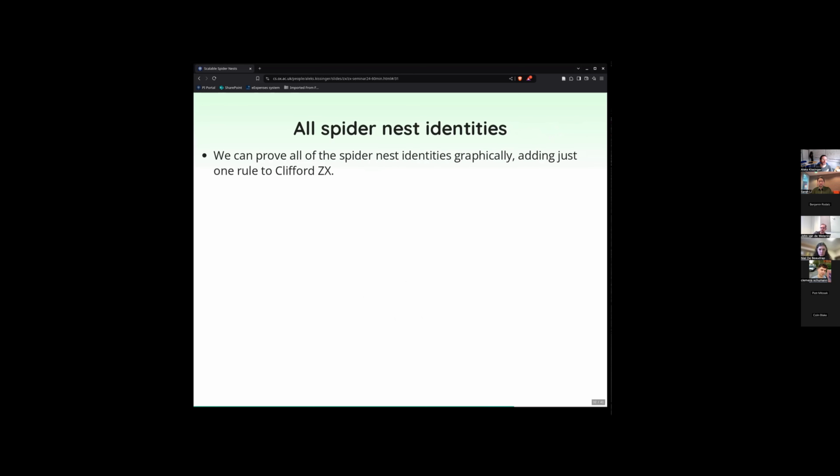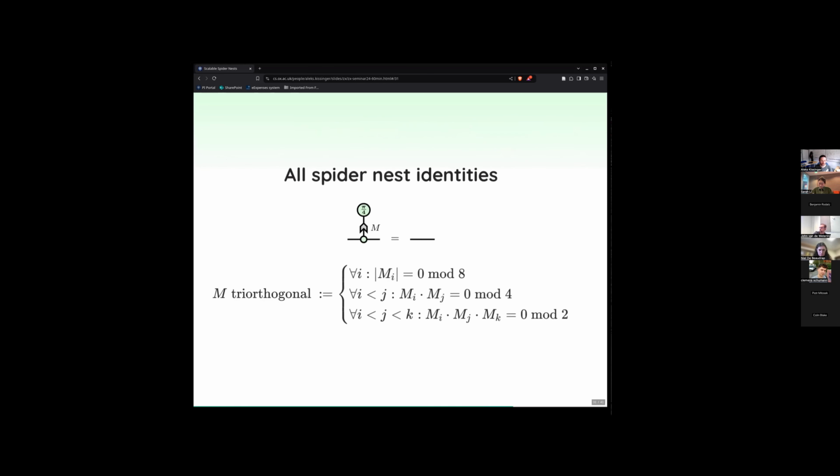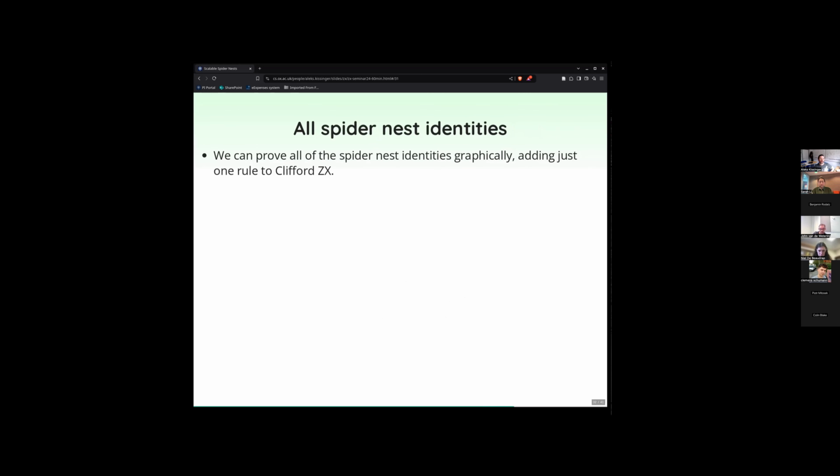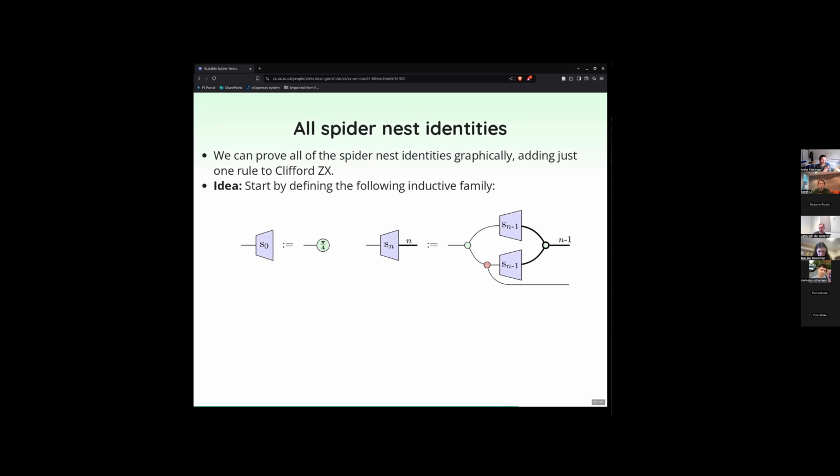Okay, so that's the general thing, this rule. And something that's kind of nice is we can actually prove all of these identities graphically just using the Clifford ZX-calculus and one additional rule. Okay, so what's the idea here of showing this?